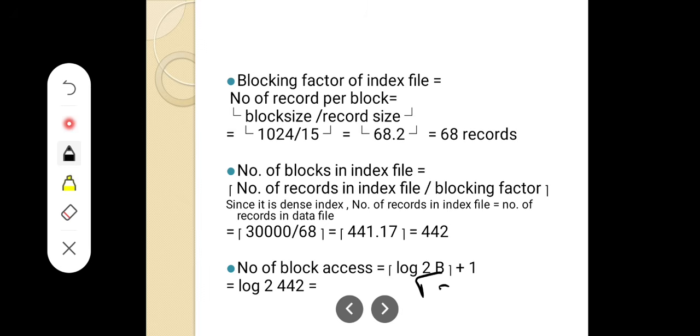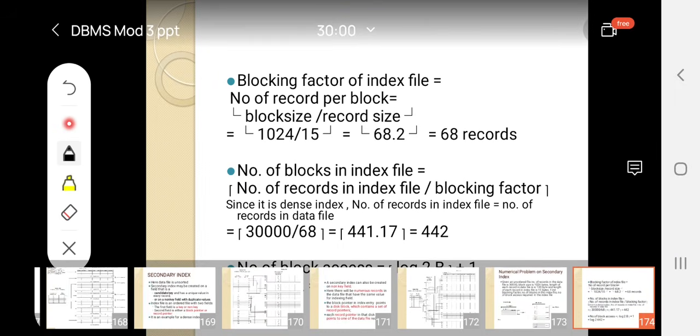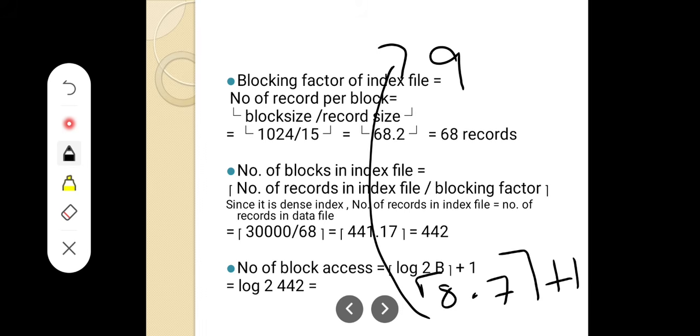Ceiling function of 8.7, which can be approximated to 9, plus 1, equal to 10 block accesses. So 10 block accesses will be required.